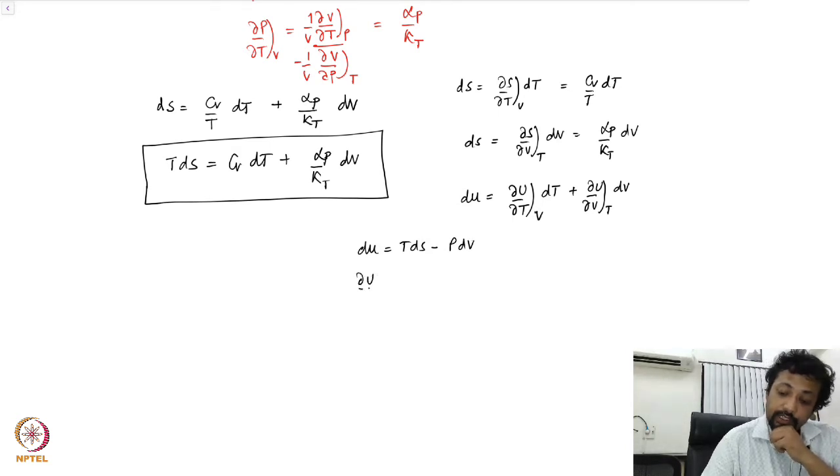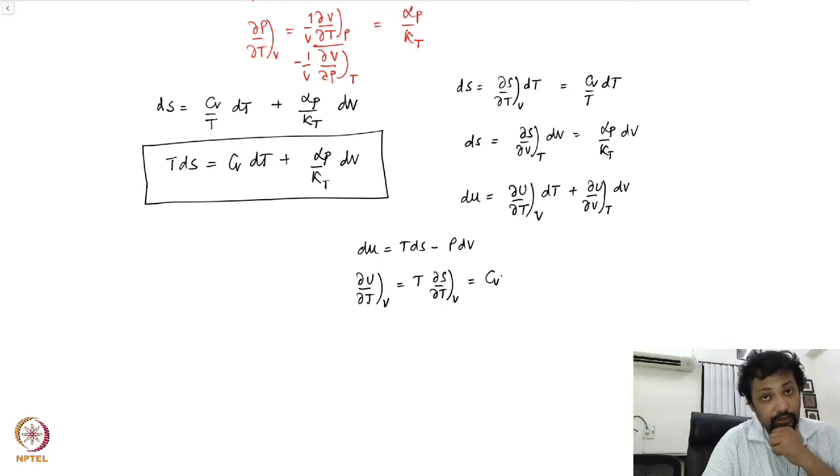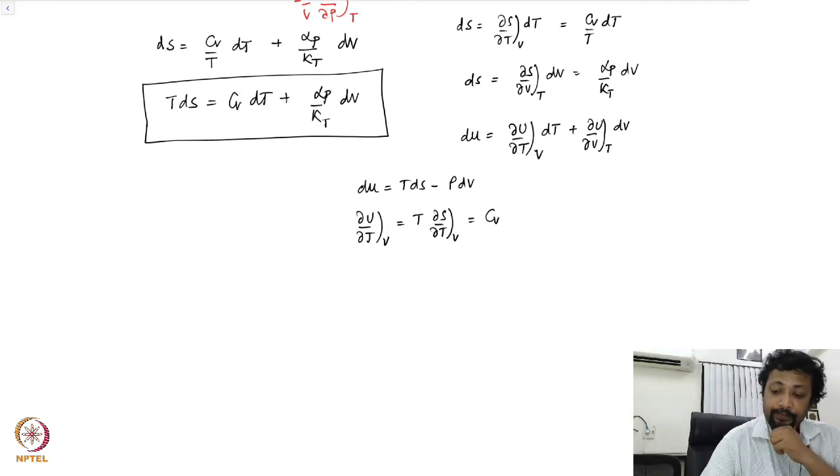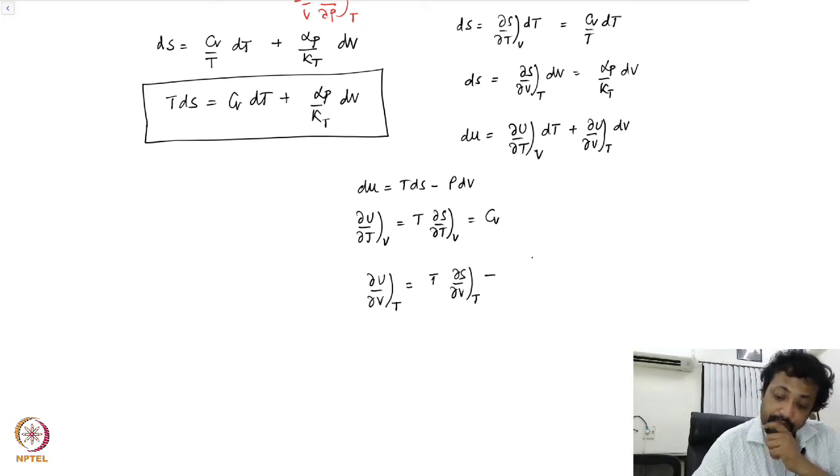So del U del T volume held constant is T del S del T volume held constant, which is the specific heat at constant volume. And del U del V temperature held constant is equal to T del S del V temperature held constant minus P.